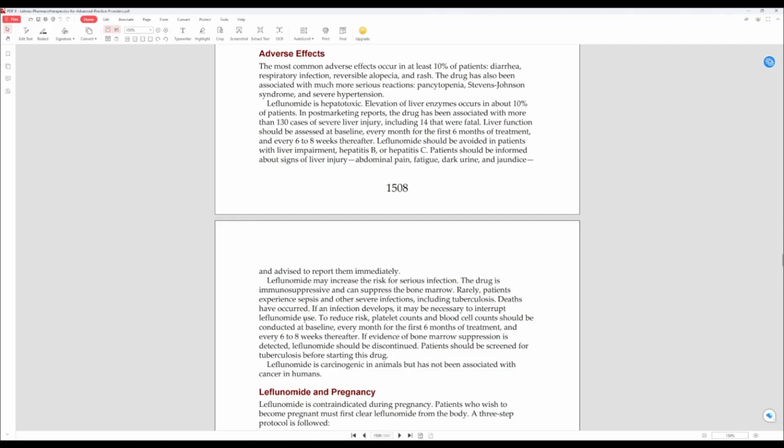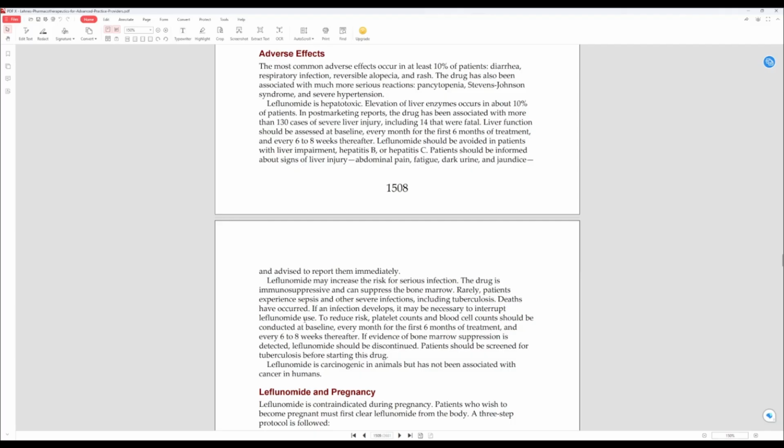Elevation of liver enzymes occurs in about 10% of patients. In post-marketing reports, the drug has been associated with more than 130 cases of severe liver injury, including 14 that were fatal. Liver function should be assessed at baseline, every month for the first 6 months of treatment, and then every 6 to 8 weeks thereafter.